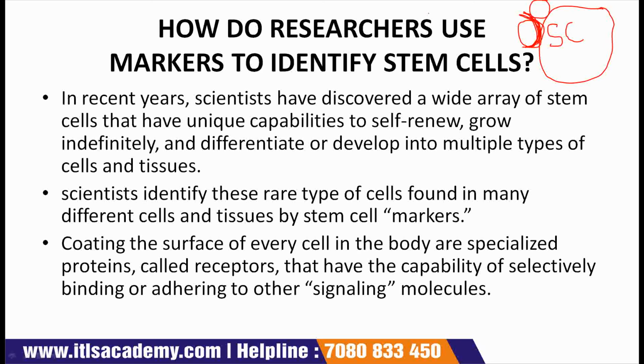When we give a product that is able to identify this protein or anything present on the surface, the product that is identifying this will be known as a marker. So a marker that is present on stem cells is known as a stem cell marker. And now we are going to see the process behind the identification of stem cells with the help of these markers.